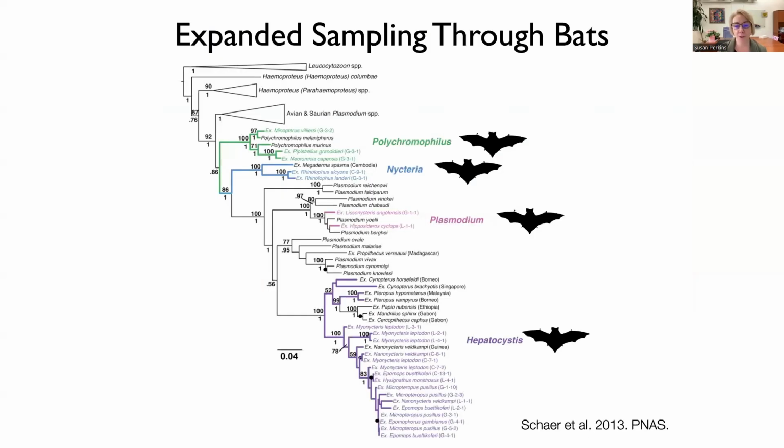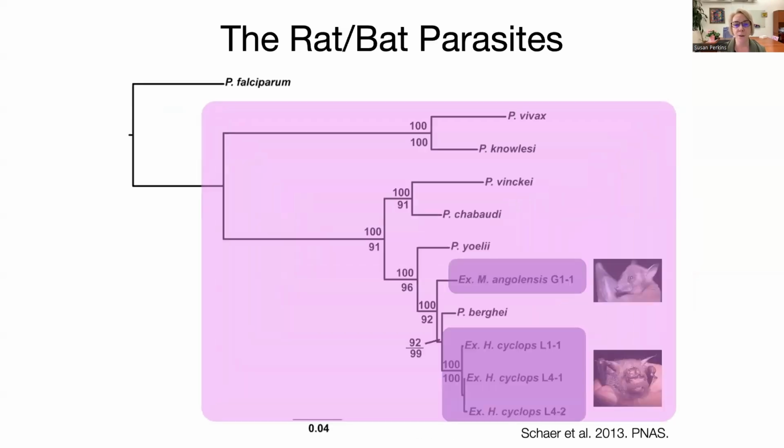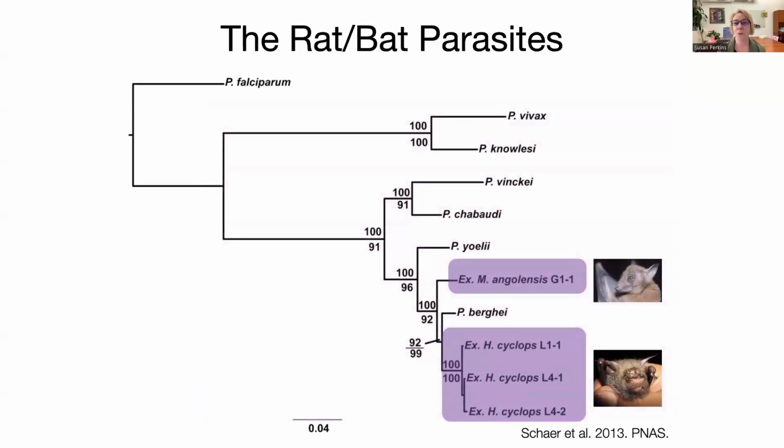When we plot this across a phylogenetic topology, these are not clustering by vertebrate host by any means. So they are falling out with other parasites. But one of the things that was super, super interesting to us was that the Plasmodium parasites in these bats were intermingled with the Plasmodium parasites from African rats. And why is that important?